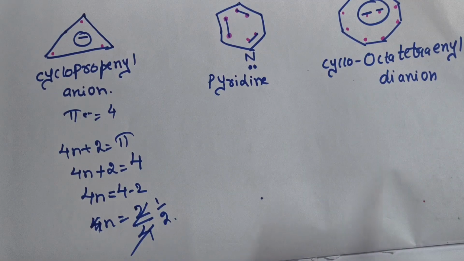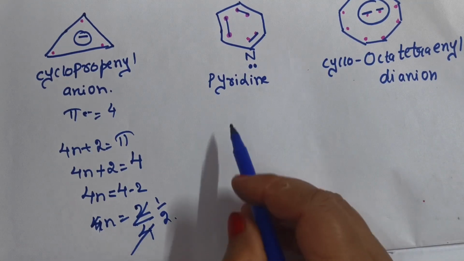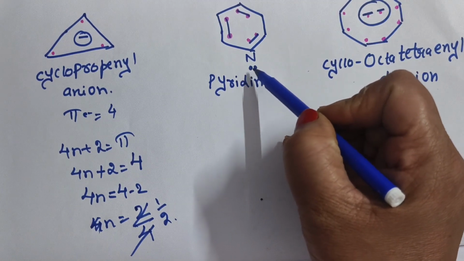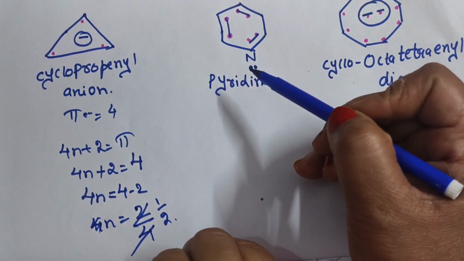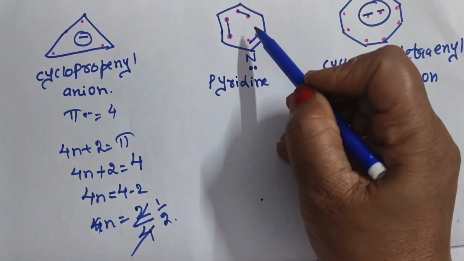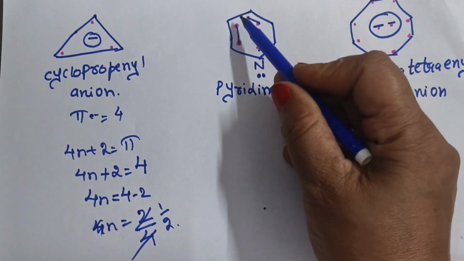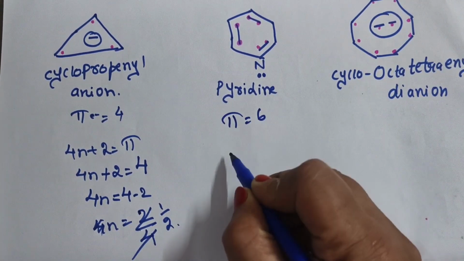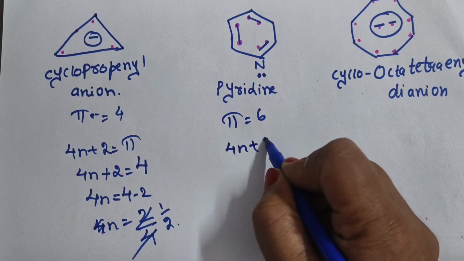Now we will discuss our next example, pyridine. Here you can see that this nitrogen is there, but the lone pair of electrons of the nitrogen is outside the ring. It is not contributing. So inside the ring, how many electrons are there? 1, 2, 3, 4, 5, 6. So inside the ring the number of pi electrons is 6. So we will write 4n + 2 is equal to 6.